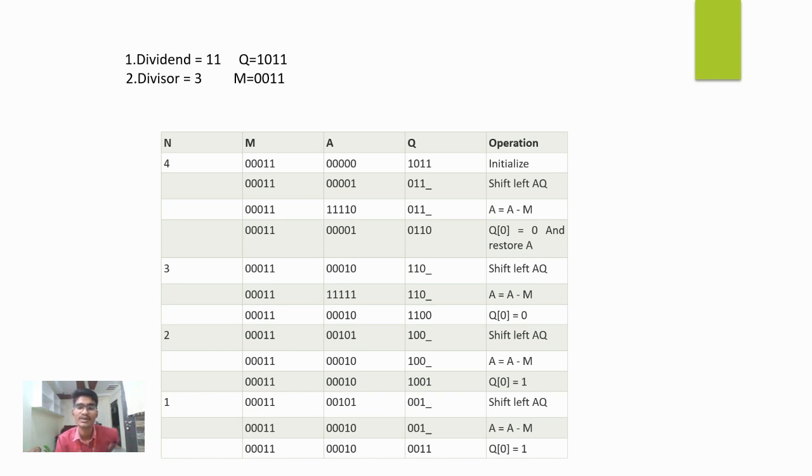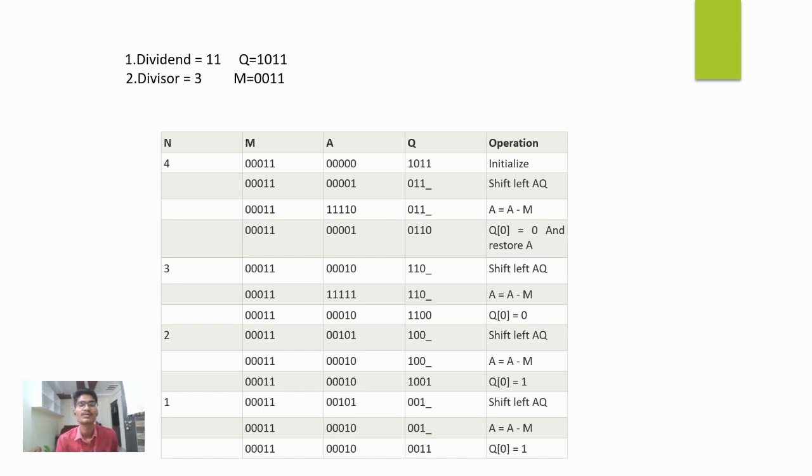After the left shift, we are going to perform again A is equal to A minus M, which is also called A is equal to A plus 2's complement of M. After adding the 2's complement of M to A, A will become 11111, and then we're going to check the value of the MSB of A.